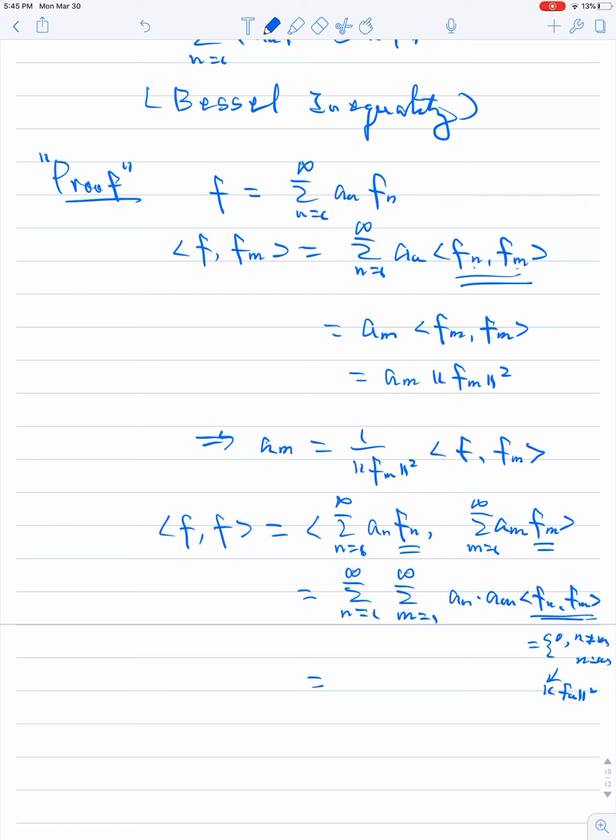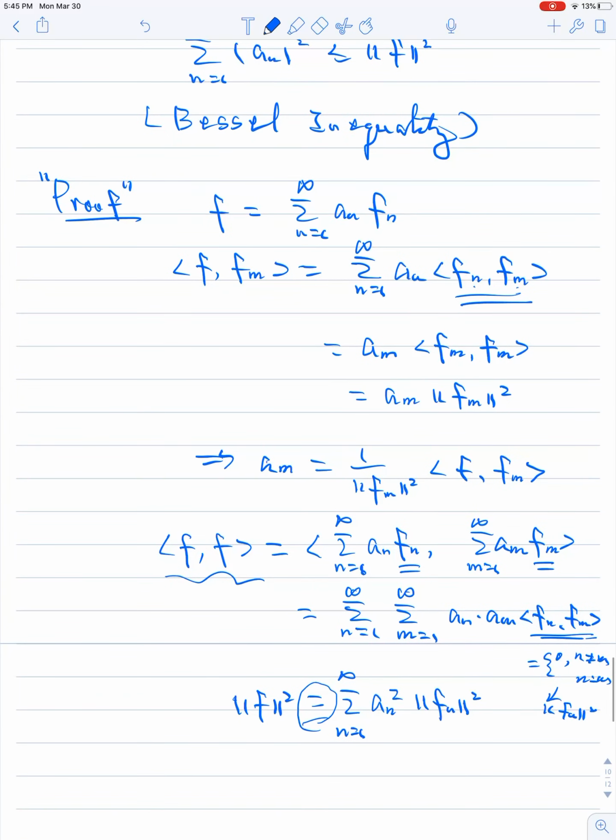So what I have here is the sum of a_n squared times the norm of f_n squared, n from 1 to infinity, and the left hand side is the norm of f squared. Actually, I put an equality rather than an inequality. The reason is that I assume this actually equals this.